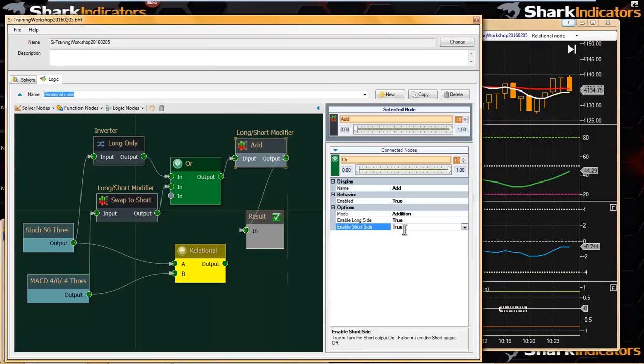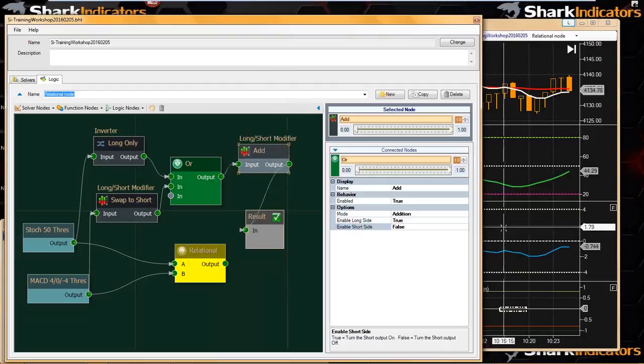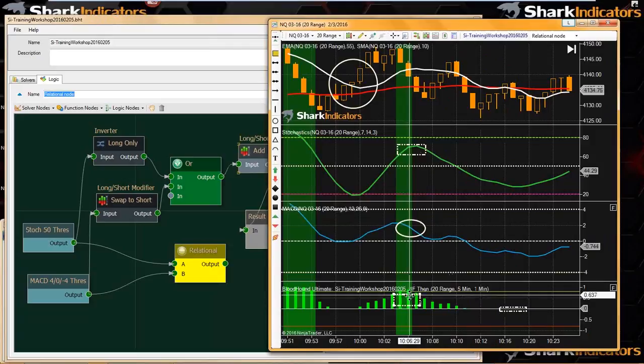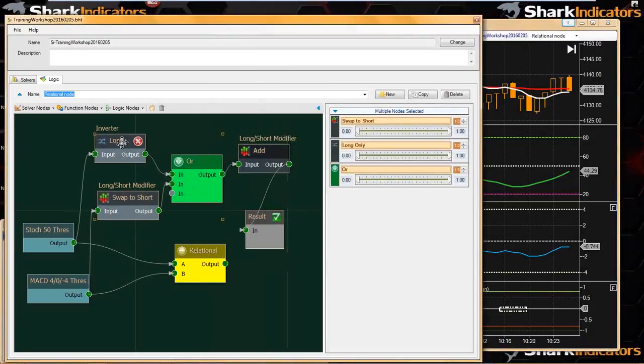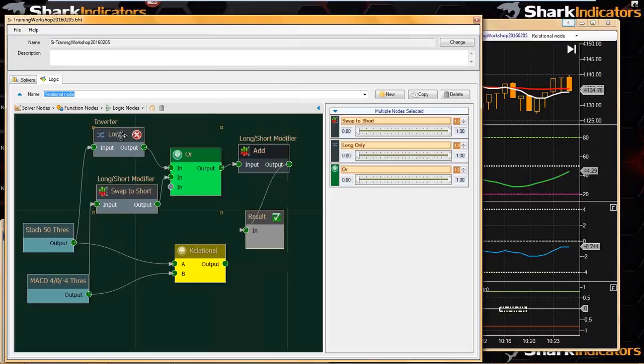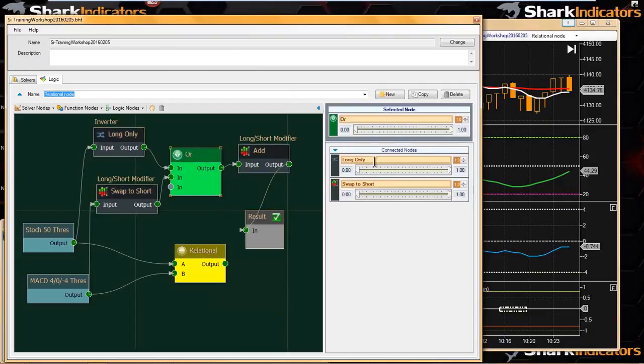So we'll just turn the short side off for this guy that's doing the addition, and we're left with just the long side being added. So you do have to do some manipulation here to do some addition, and so you'll have to create a group of this logic, one for the long side and another separate group for the short side, to add short outputs together.